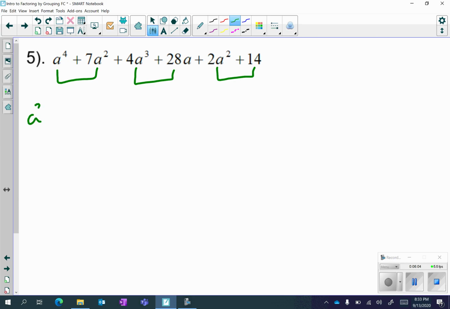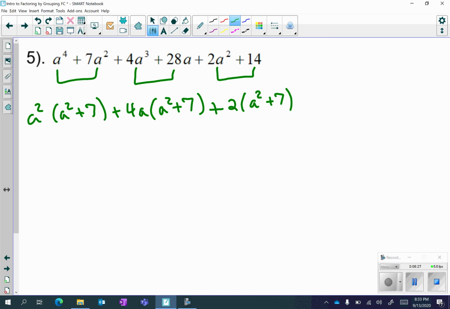So I'm going to take out a squared and be left with a squared plus 7. My next GCF is 4a, and I'm going to be left again with a squared plus 7. The fact that I got 2 parentheses to be the same means I'm probably doing something right. My last GCF is 2, and I'm going to be left with a squared plus 7.